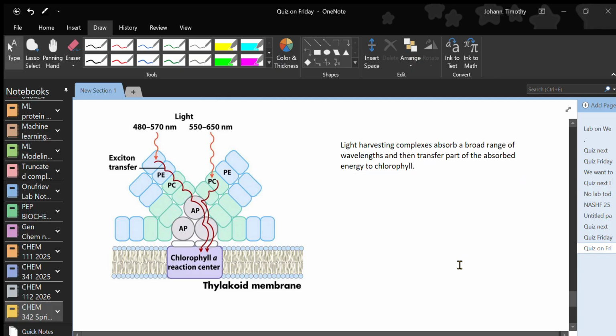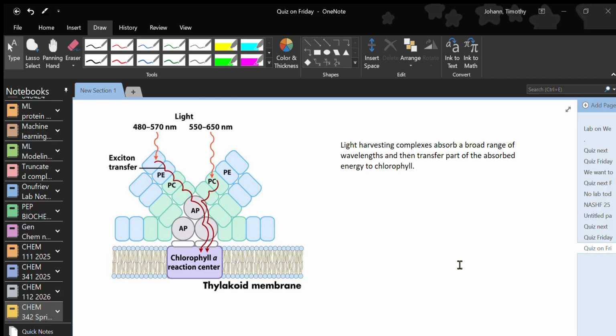All right, so what's going on here is we have a lot of these lower wavelength lights than the one we're going to use. What we're using here is 680 nanometers worth of energy.